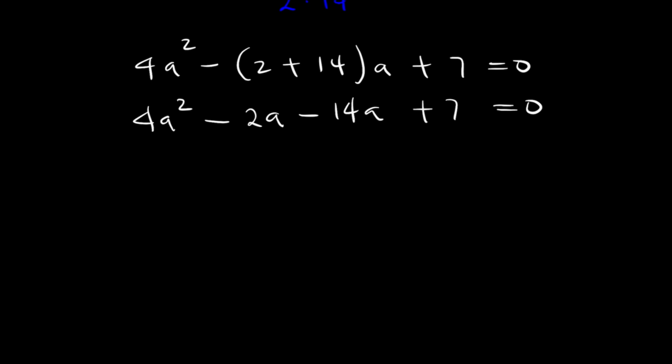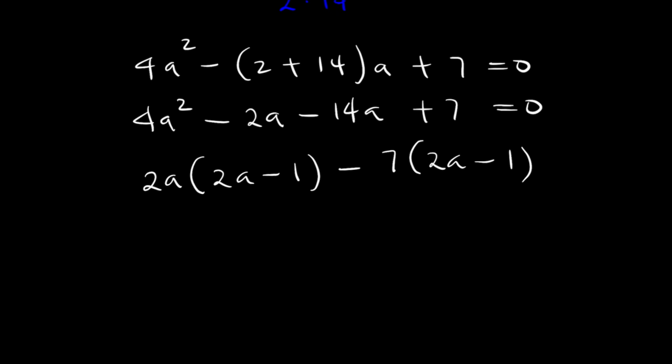Now we can go ahead and factorize. We have 2a into 2a minus 1, then minus what's common here is 7, then we have 2a minus 1 is equal to 0. So we have 2a minus 1, and then we have 2a minus 7.